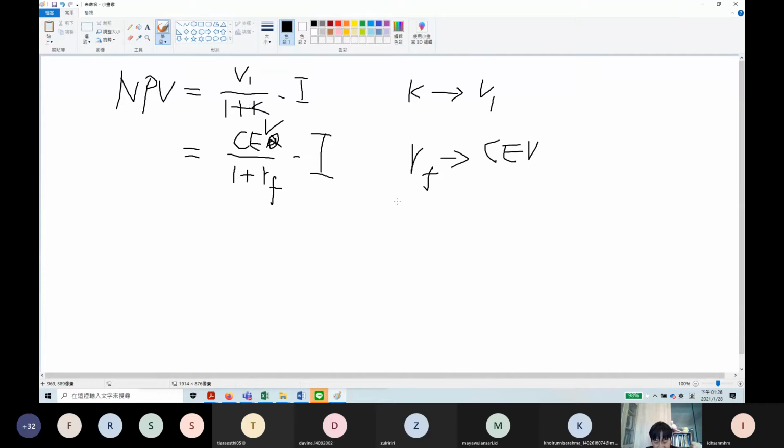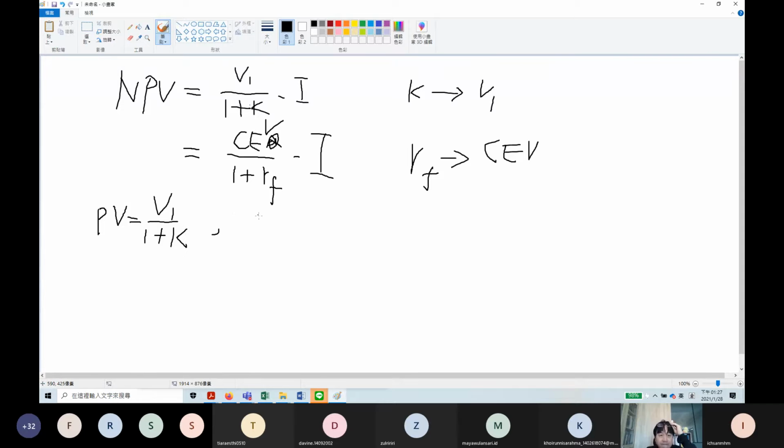Now I said that this one I derived from this one. V1 over 1 plus K, I say, is the present value, PV.